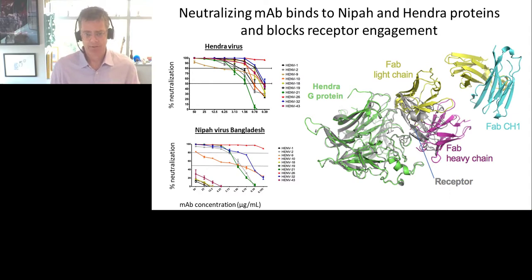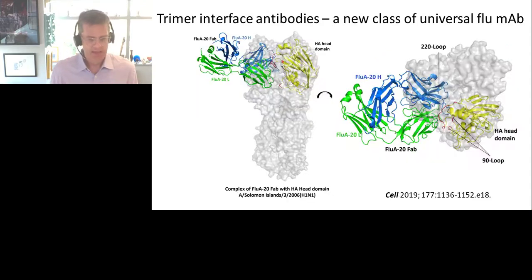This is an example of an influenza antibody that was quite broad. It recognizes virtually every influenza A virus hemagglutinin protein that we've looked at. If you look at the top view of this co-crystal structure that was done in Ian Wilson's lab, you can see that a single Fab was crystallized in complex with what is shown in the ribbon diagram, an HA head domain.